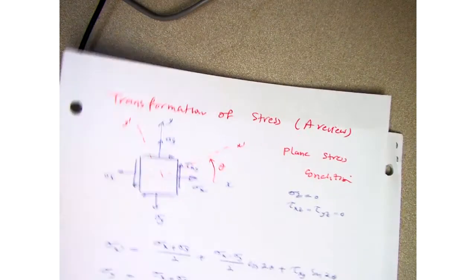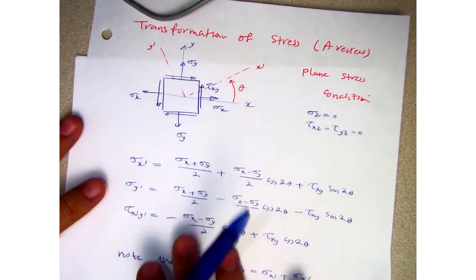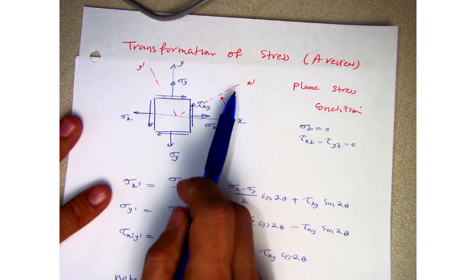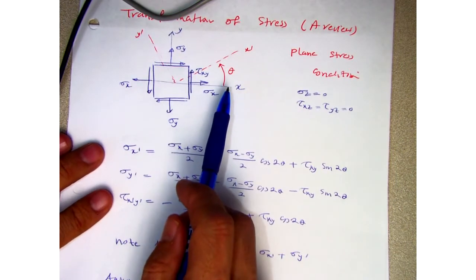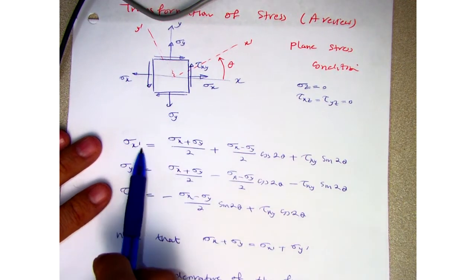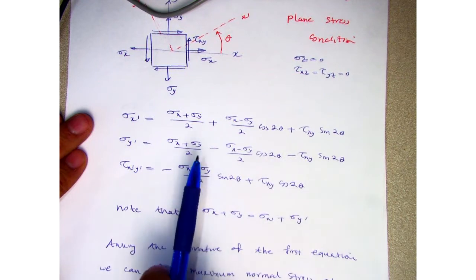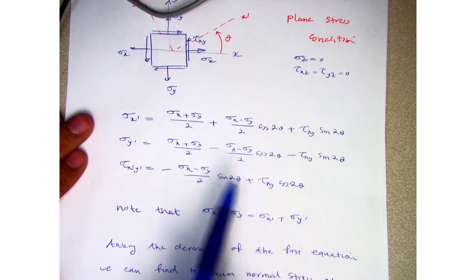You learned about this, and again, 209 and 309, these are the equations we had. So if your x-axis gets rotated to x prime with a rotation angle of theta, sigma x prime and sigma y prime, you can calculate them using these two formulas. And tau x prime y prime, you can find it like that.